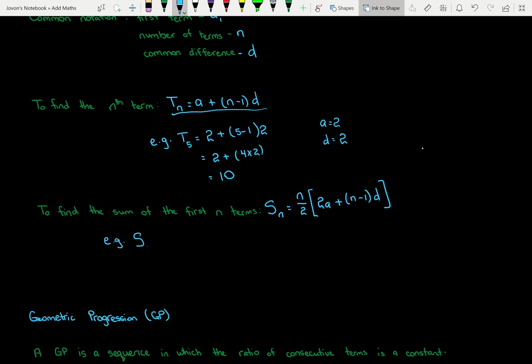We'll say S of 100 is equal to 100 over 2 multiplied by 2 times 2 plus 100 minus 1 times the common difference, which is 2.